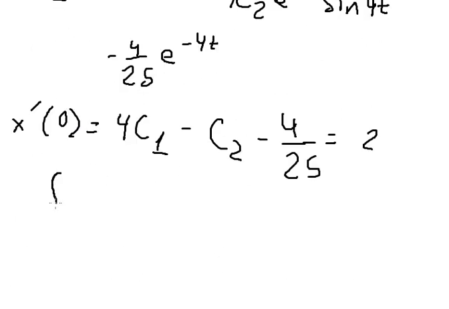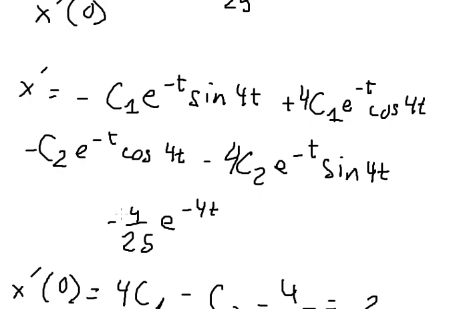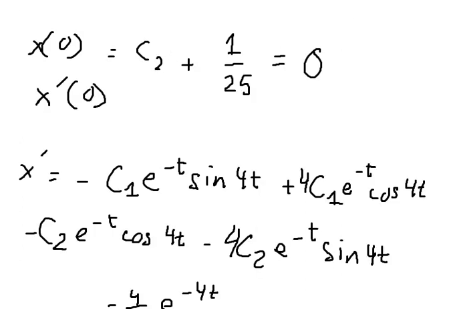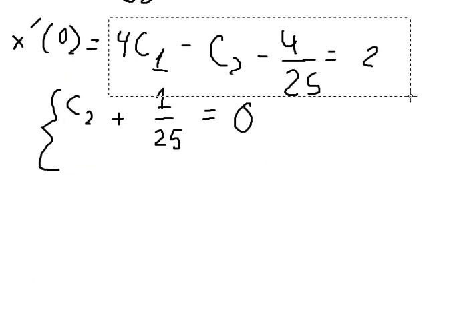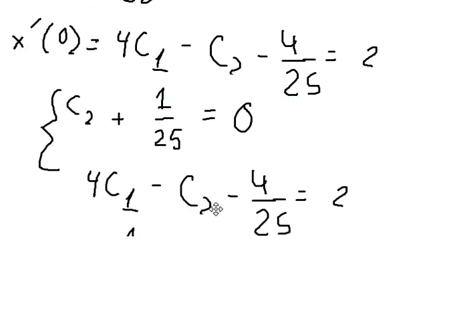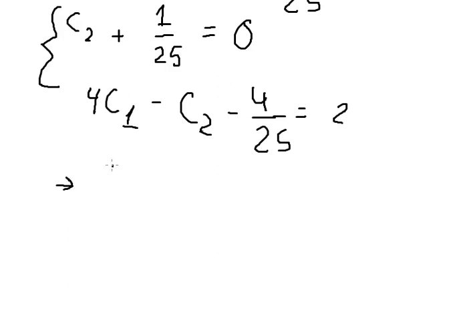And now we have the system of equations. So we have this one in here and this one in here. So we calculate C1 and C2, and we can find the solution in here.